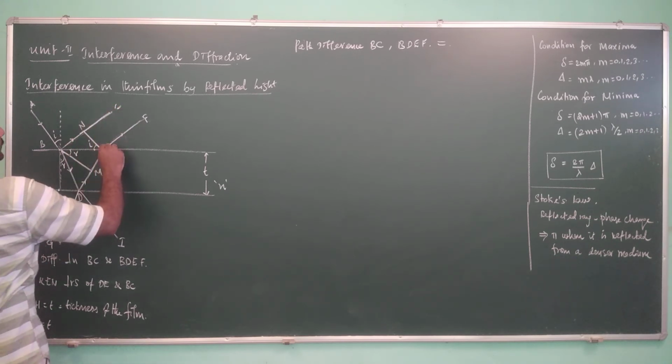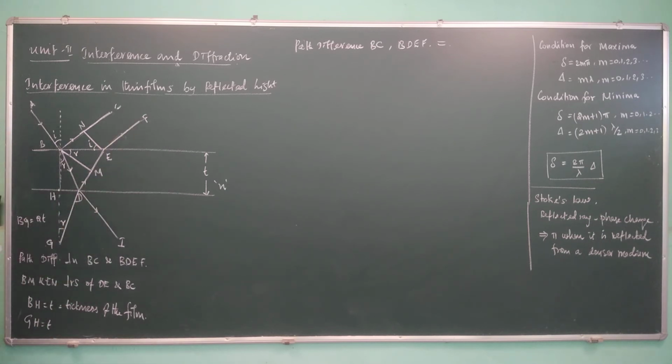NC and EF are parallel lines, and this is the point where the deviation takes place. One ray travels in this path, another ray travels in this path. So we have to calculate this length and subtract this length from that. That will give you the path difference between these two parallel rays.